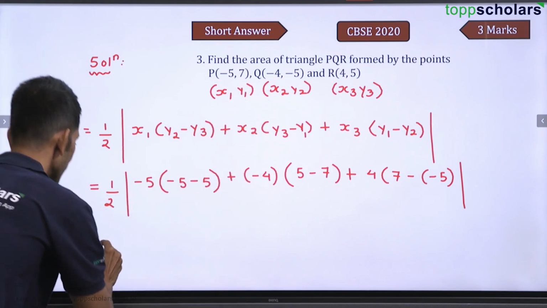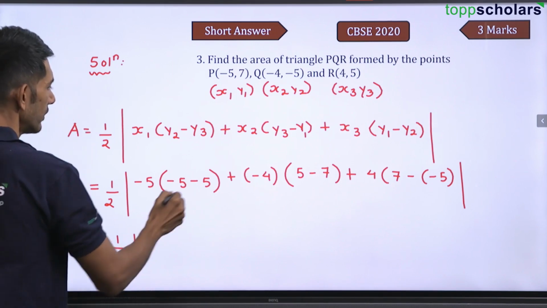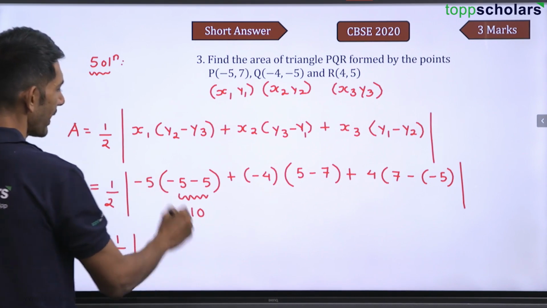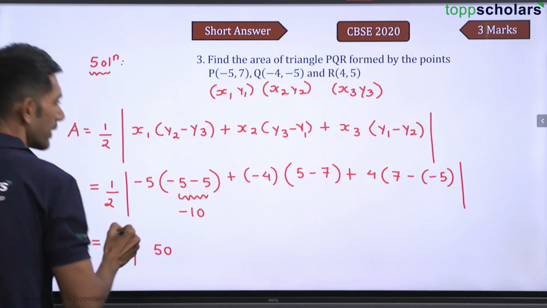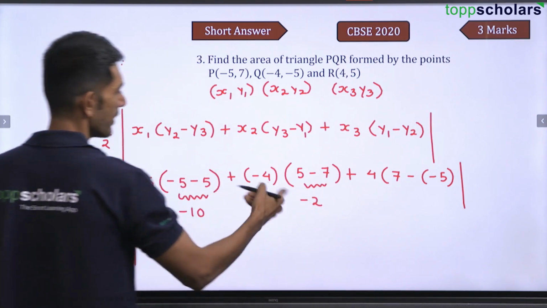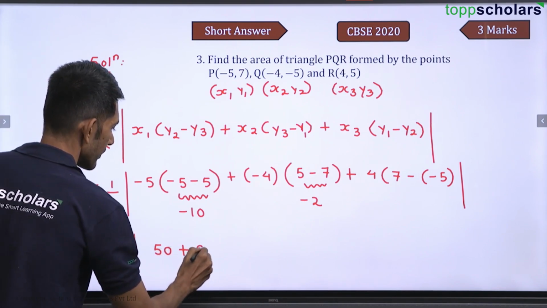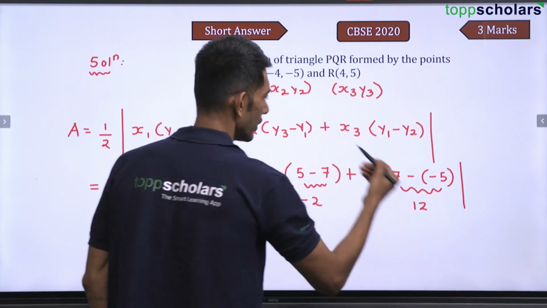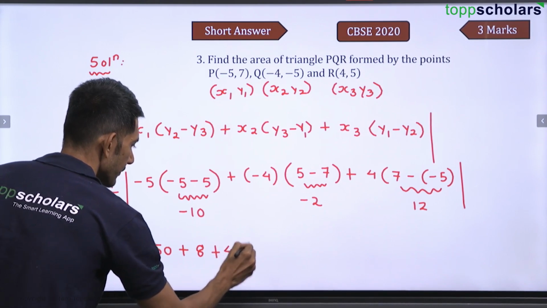So once you solve this, you are going to get half of mod of, this is minus 5 minus 5, that is minus 10, minus 5 into minus 10 is 50, right? This is 5 minus 7, which is minus 2, minus 4 into minus 2 is plus 8, and this is 7 plus 5, 12, 12 fours are 48, so this is plus 48, correct?